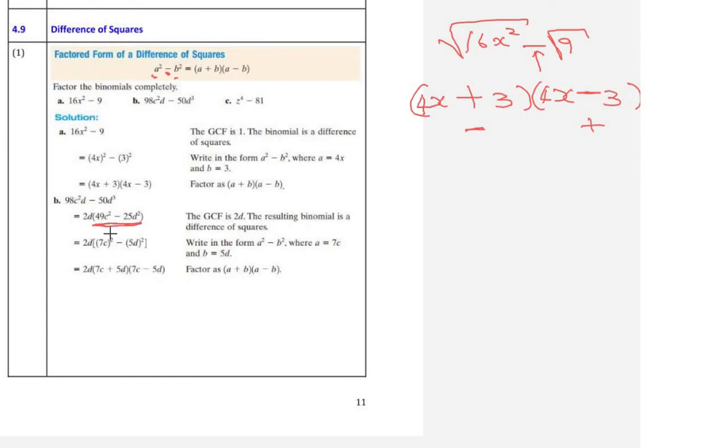Yes, I can find the square root. Yes, I can find the square root. It is a minus, so this is the difference of two squares. Therefore, the square root in the first position, square root in the second position, one with a plus, one with a minus, and I'm done. So that is the difference of squares.